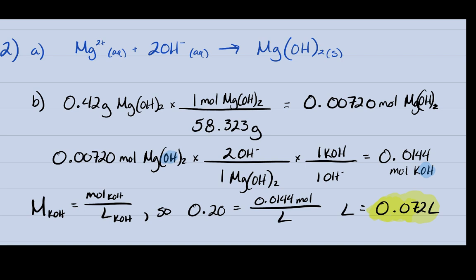So the idea is that we've got the moles of Mg(OH)2. How many moles of hydroxide is that? It's a 2-to-1 ratio, right? 2 OHs. And then 1-to-1 with KOH. Because I know all of this that I've highlighted in blue here had to come from there. So we're just working backwards to that. All right. So moles of Mg(OH)2, 2 hydroxide per Mg(OH)2, 1-to-1 with KOH, 0.0144 moles of KOH.